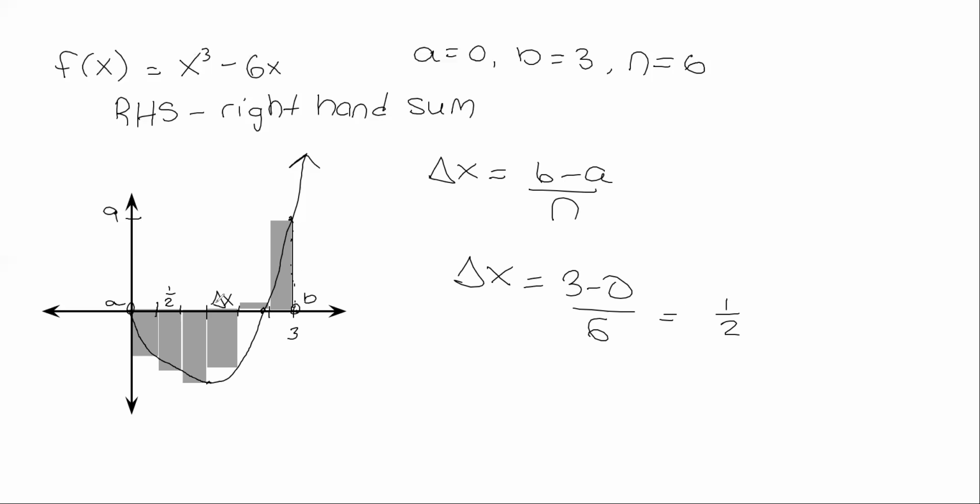So now we just want to figure out what the heights of each rectangle are going to be. Call this first rectangle over here rectangle A. Remember that the area of a rectangle is just base times height.